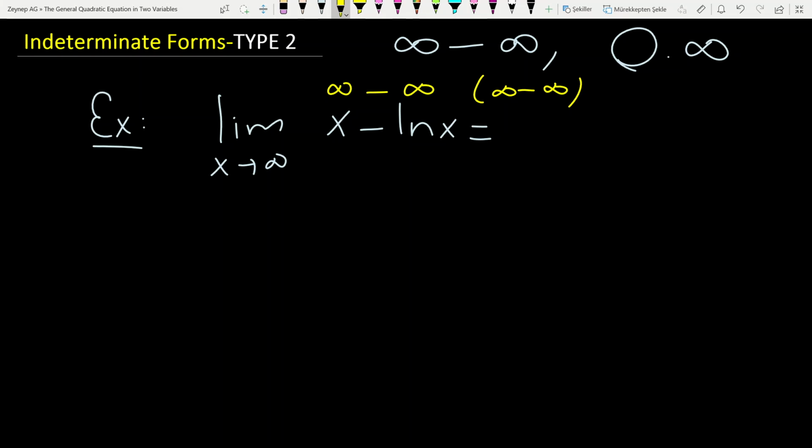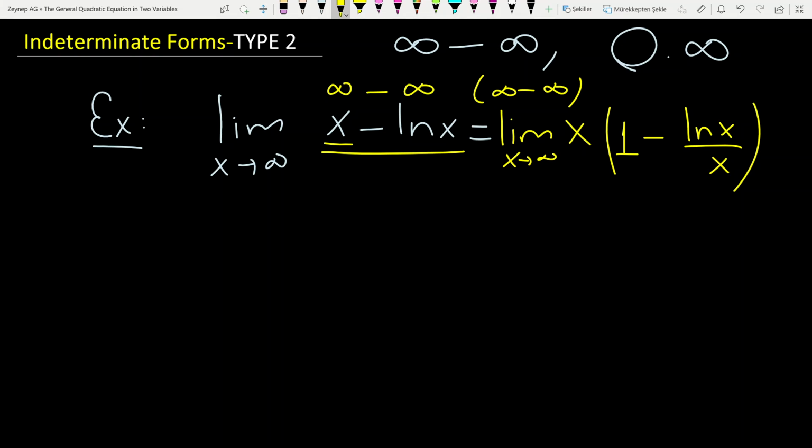I will suggest two ways to solve this problem. And the first way is, first transform the expression x minus ln x. Let me take x out of the parentheses. If you take x out of the parentheses, you have 1 minus ln x over x, right?